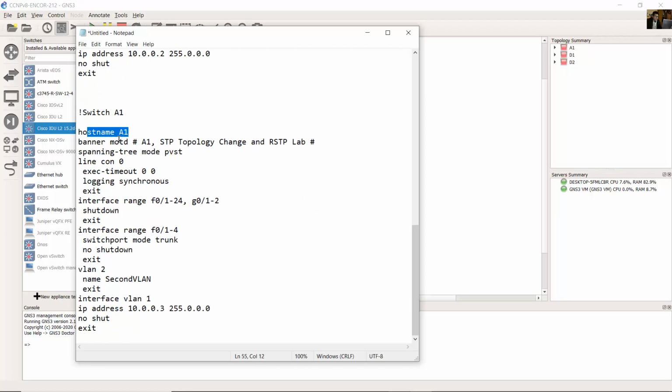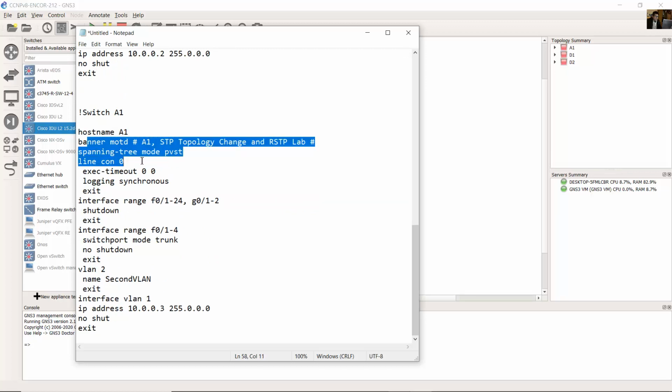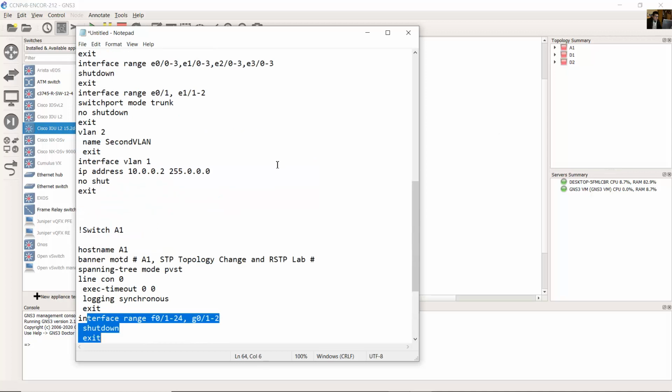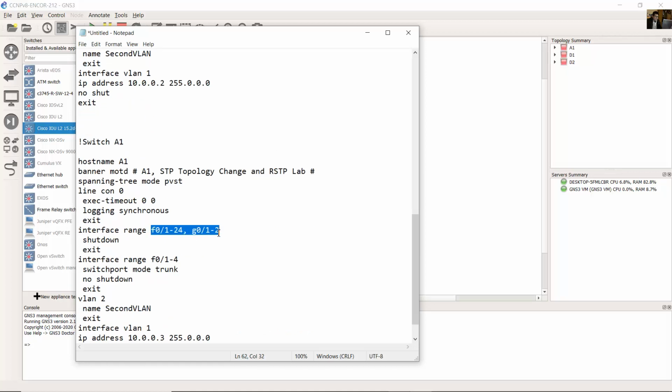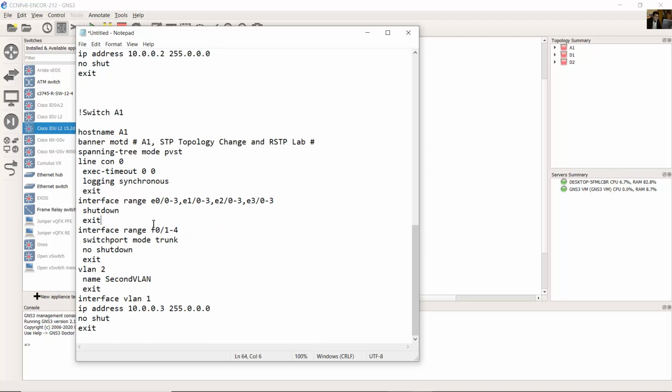Switch A1: hostname, banner spanning tree, line, shut down all interfaces, so use the same range. And interface range from 1 to 4 trunk.